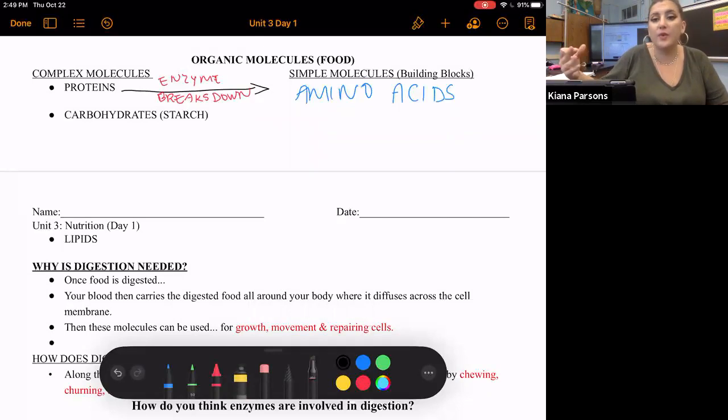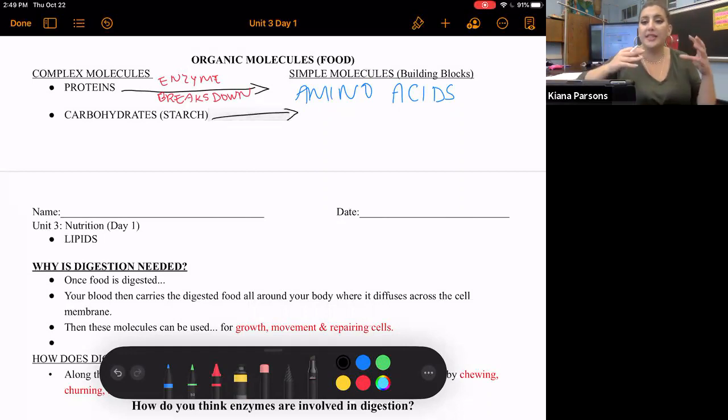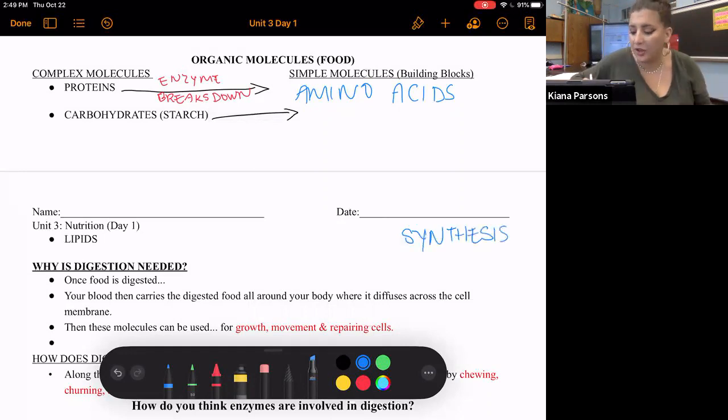Right, so in this way, we're not just talking about the building blocks, how it's made, after it's digested, what does it become? And those two processes, synthesis, so making new materials, and digestion are a cycle.